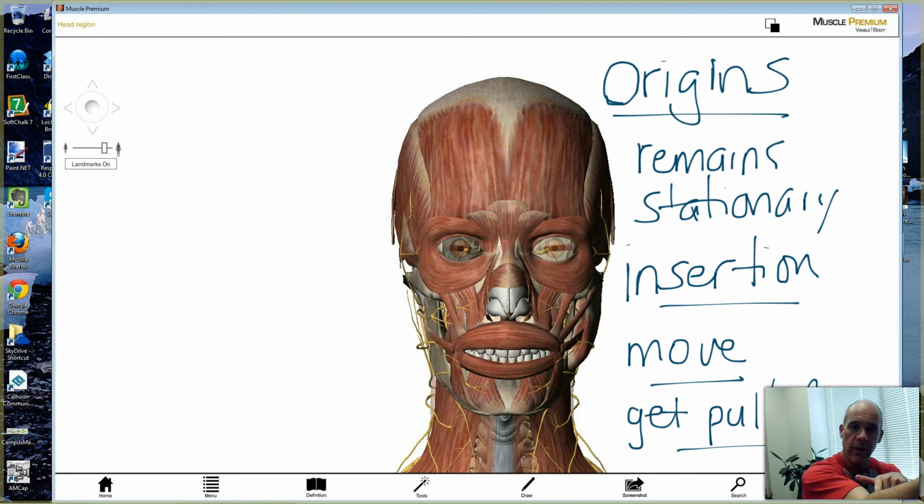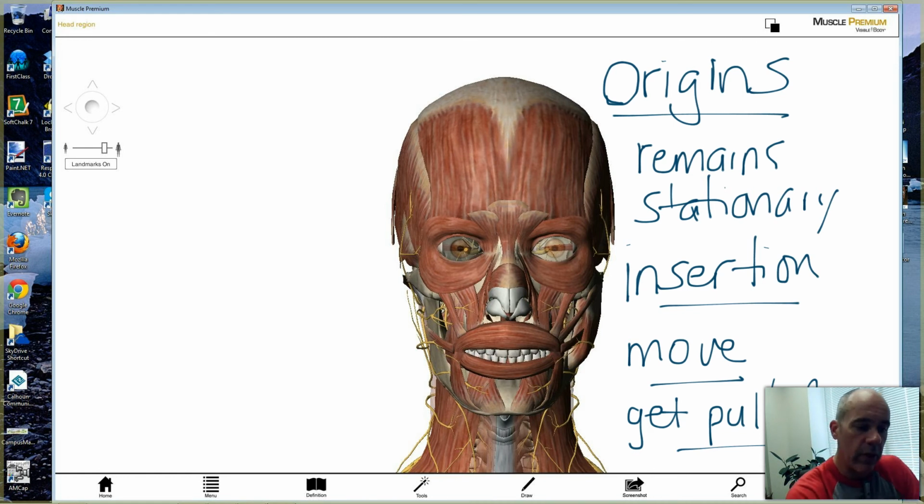If you remember that little bump inferior to the circular head of the radius, there's a tendon that extends from the biceps brachii muscle down to the radial tuberosity. So think about it. If your biceps brachii muscle is doing this, the origin is up here. This is staying stationary. The radial tuberosity is getting pulled, and that's going to cause you to flex your elbow.